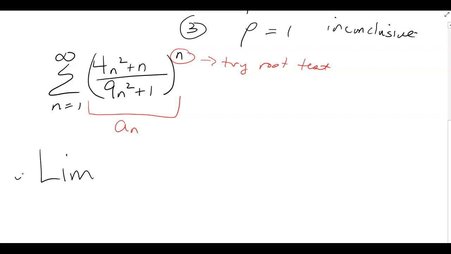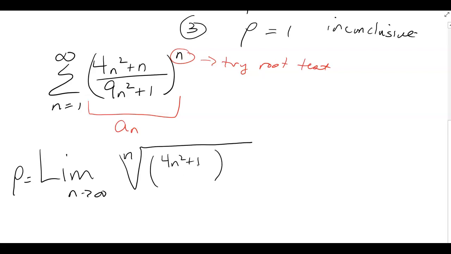Limit, this is what my rho is going to equal, this limit. n goes to infinity of the nth root of that to the n power. Now you don't have to write that because, again, nth root cancels nth power. You don't have to show me that step. You can simply write it as the limit of what's inside the parentheses.